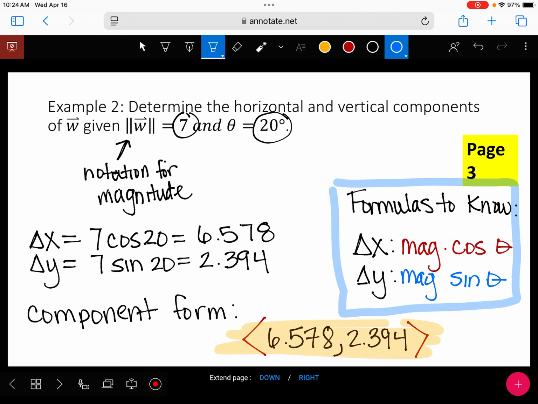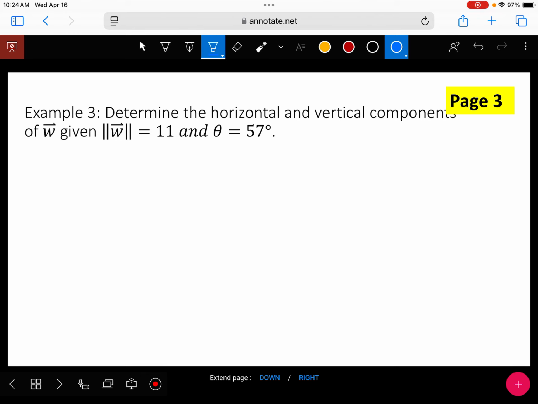All right, last example is example 3, and then we will end there for today. Same thing, finding your horizontal and vertical components given the magnitude. Again, I have a magnitude and I have direction.